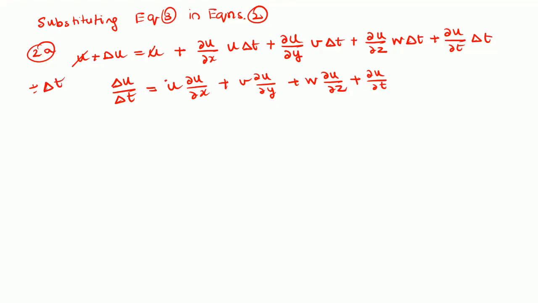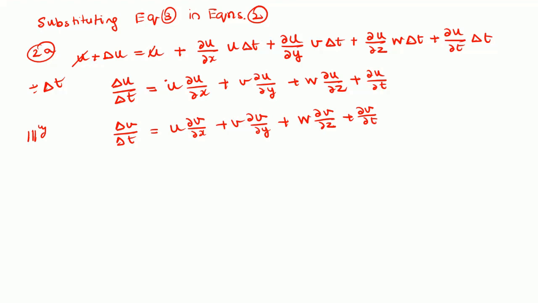Similarly, I can write delta v by delta t equal to u into dou v by dou x plus v into dou v by dou y plus w into dou v by dou z plus dou v by dou t.